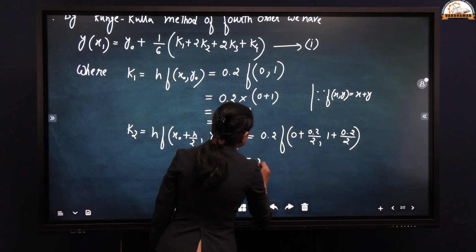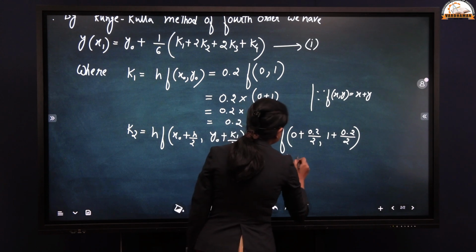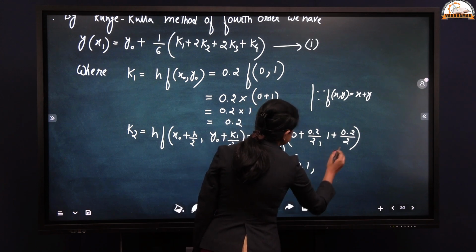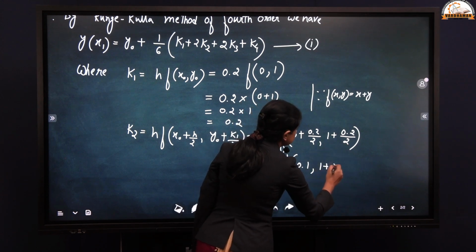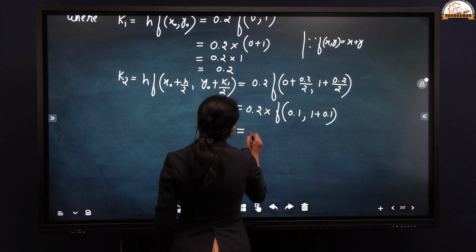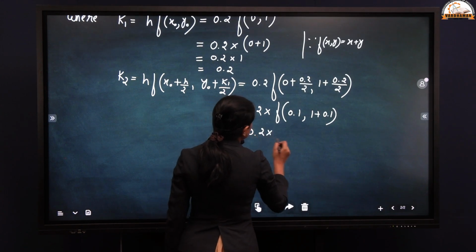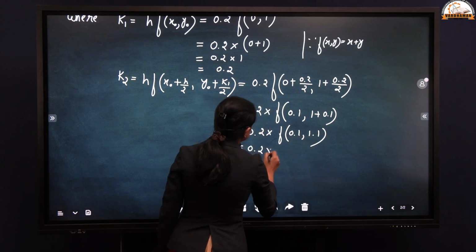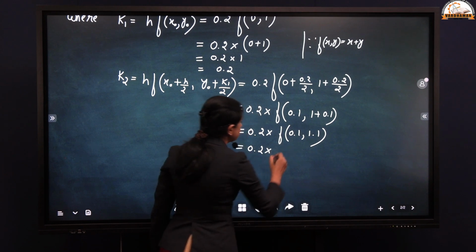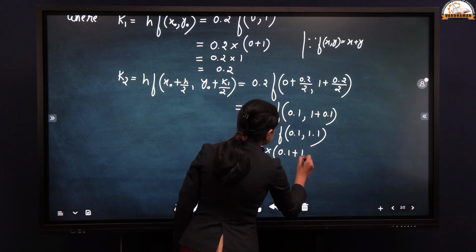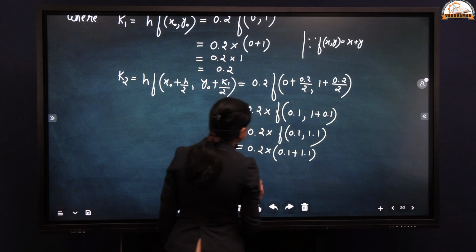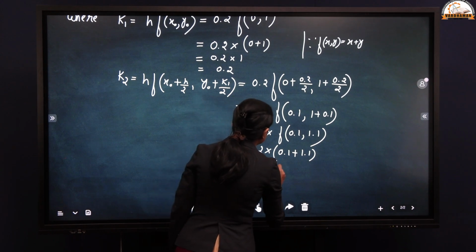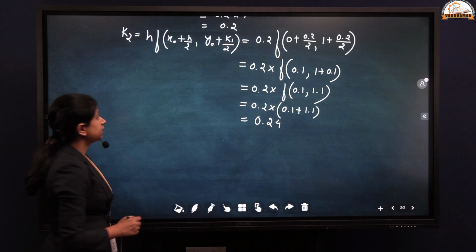We get 0.2 into f of 0.1, and this will be 1 plus 0.1. Therefore, we get 0.2 into f of 0.1, 1.1. Here f will be x plus y, so 0.1 plus 1.1. We will get 0.24. Next, we will find k3.